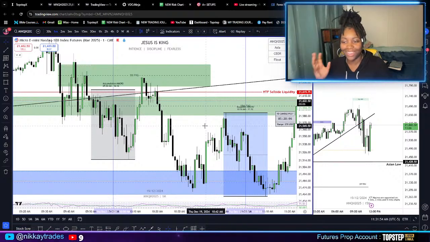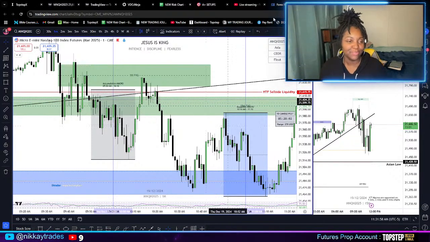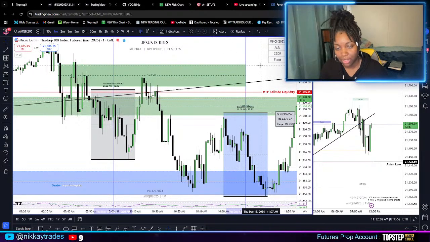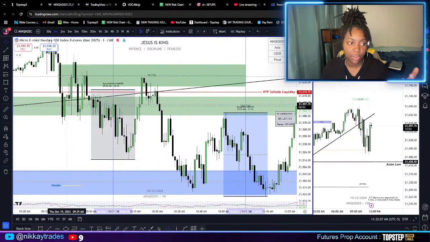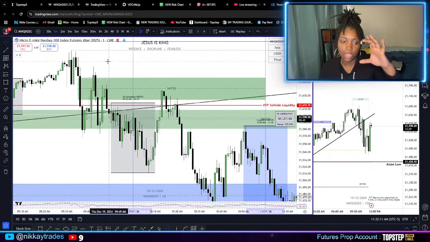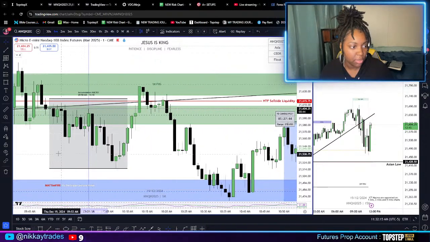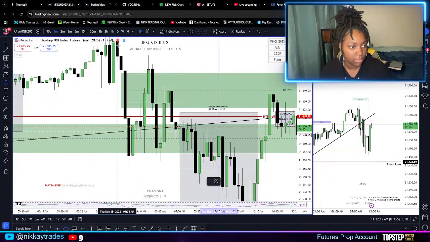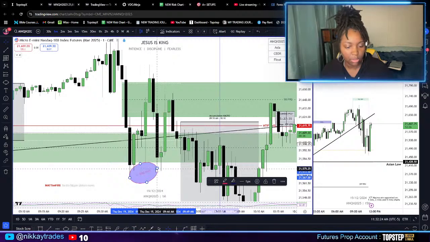Okay, I got you. So I trade between 10 and 11, and it's called a silver bullet from ICT concepts. I wait for a fair value gap, which is a 3 candle formation where you wait for a gap in between. Say, for instance, this formation right here. Let me zoom in. Oh, that was an epic fail.